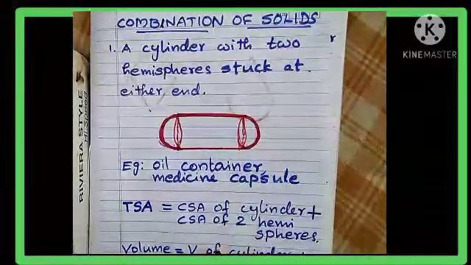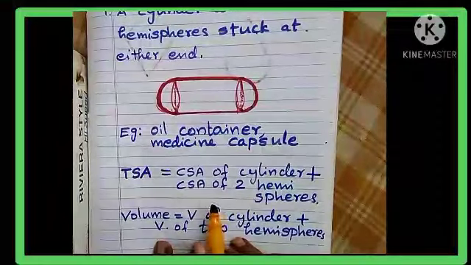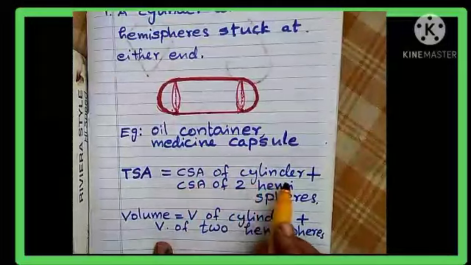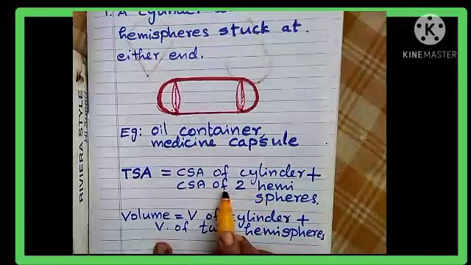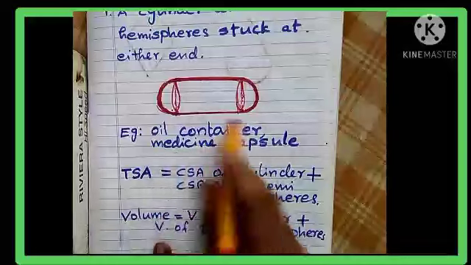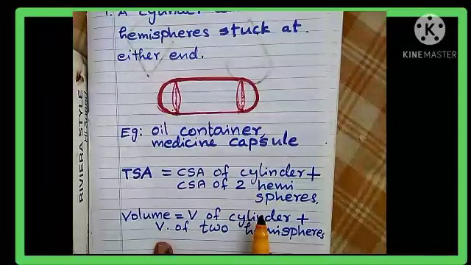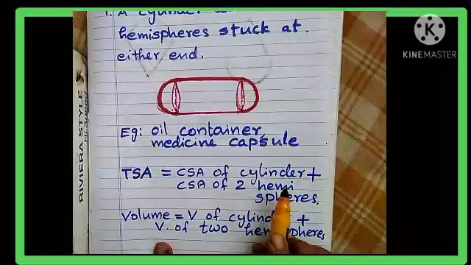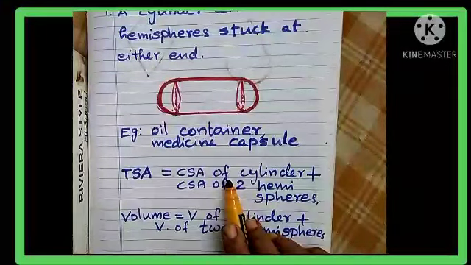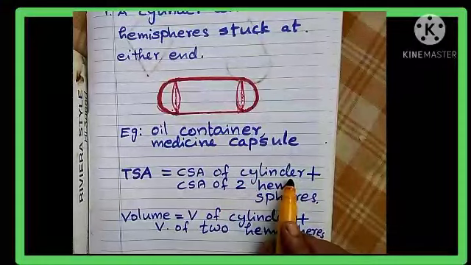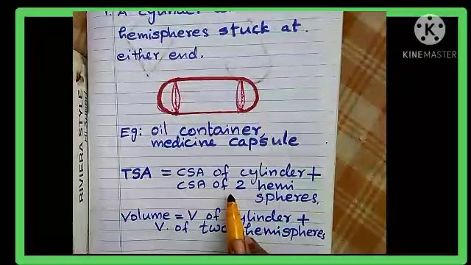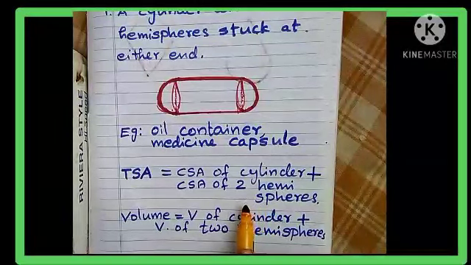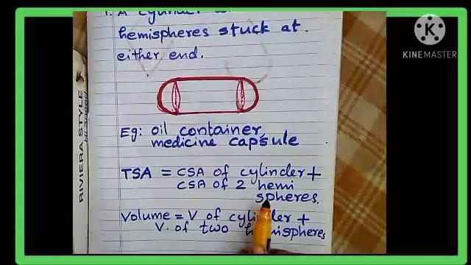The TSA, total surface area of the solid, is equal to CSA of cylinder plus CSA of two hemispheres attached at both ends. And two hemispheres make one full sphere. So actually we need to find the curved surface area of the cylinder plus CSA of one full sphere. Two hemispheres make one full sphere.